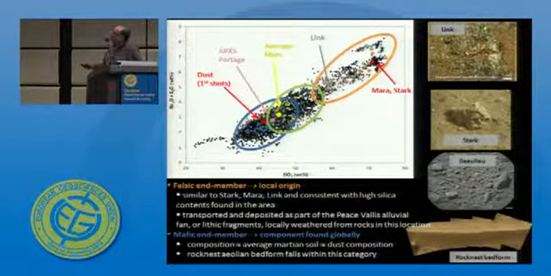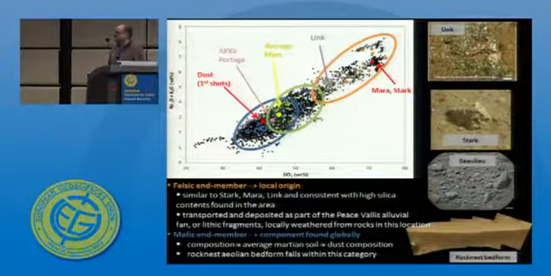And we think that the soils in these regions are of local origin. They are similar in constitution to the rocks I've talked about, and we think they are transported and deposited as part of the Peace Valley alluvial fan.